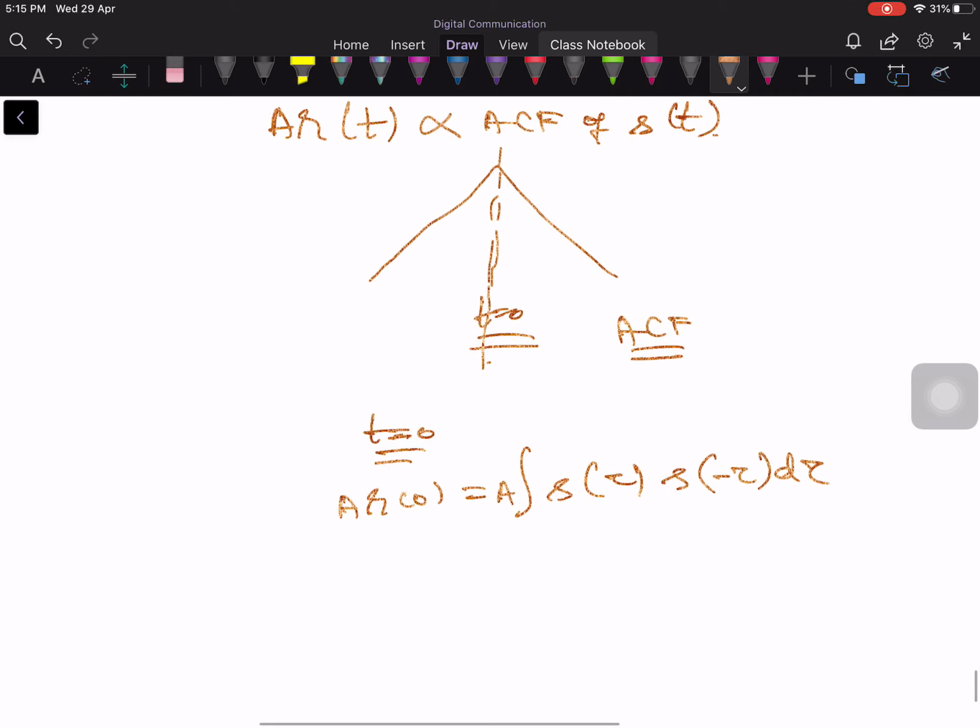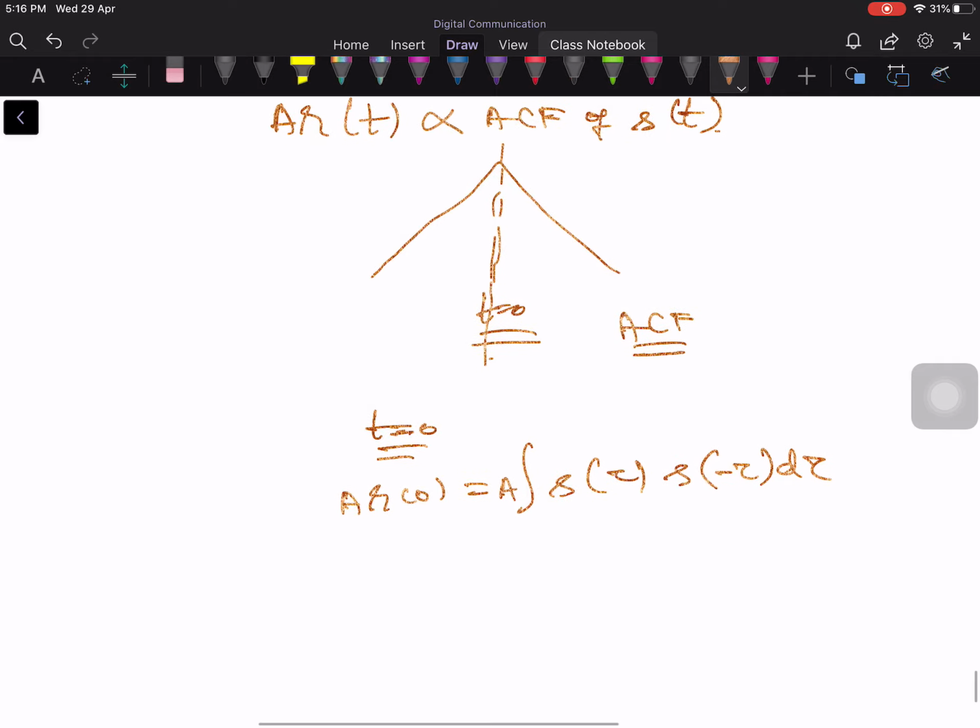Therefore we know that the autocorrelation function attains the peak value, and that peak value occurs corresponding to the 0 reference line, because the autocorrelation function is even symmetrical.